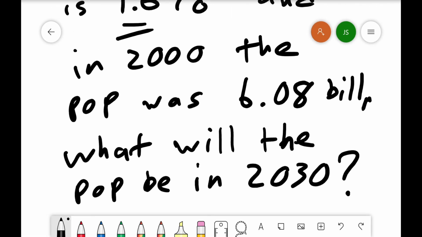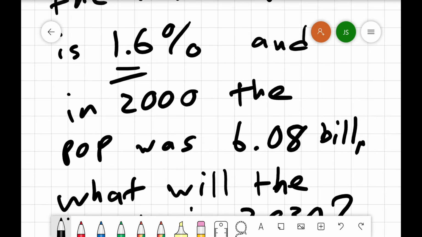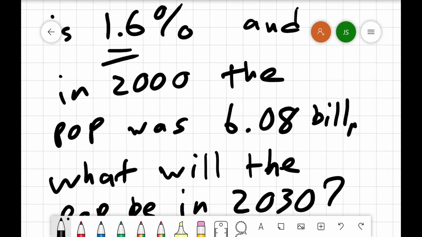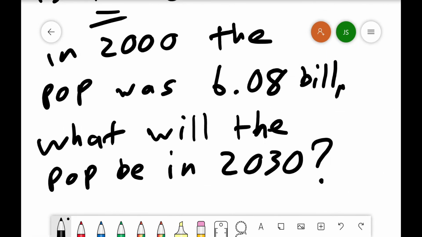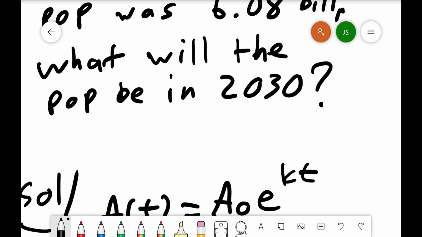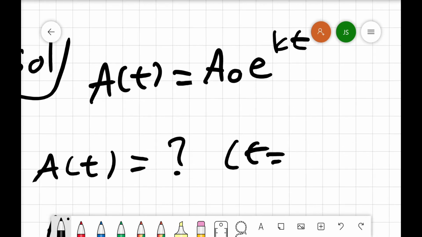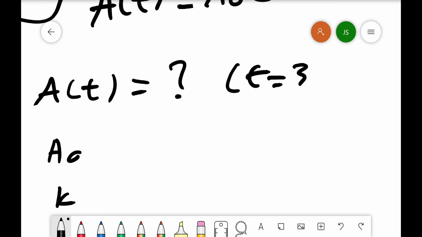Well, we might say that t is the year 2030, and that would be fine, I guess. But actually, usually you might have a starting point that's also another specific year. So rather than t be that actual year, let's just let it be years since 2000. So 2000 will be the year 0. And how many years after that do we get to 2030? 30 years.